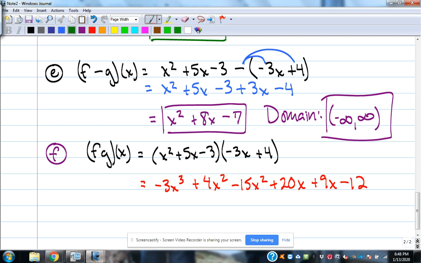Once I've done all the multiplying, I'm going to put the like terms together. So we got negative 3x cubed minus 11x squared plus 29x minus 12.